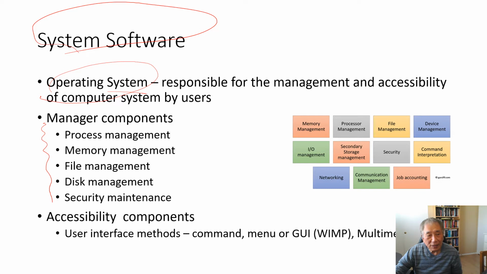In this case it is responsible for management and accessibility. So it's a manager managing and handling the hardware and the interface between human and the machine. There are a lot of things to manage.